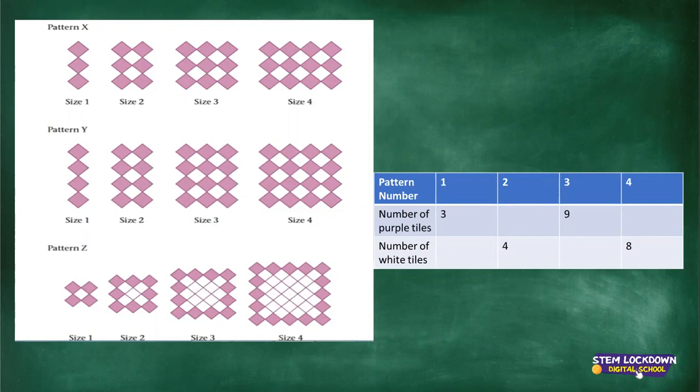So we'll start with the purple tiles, and we will work from 5, 6, and 7. We'll see what will happen if we increase the pattern to size 5, size 6, and size 7.